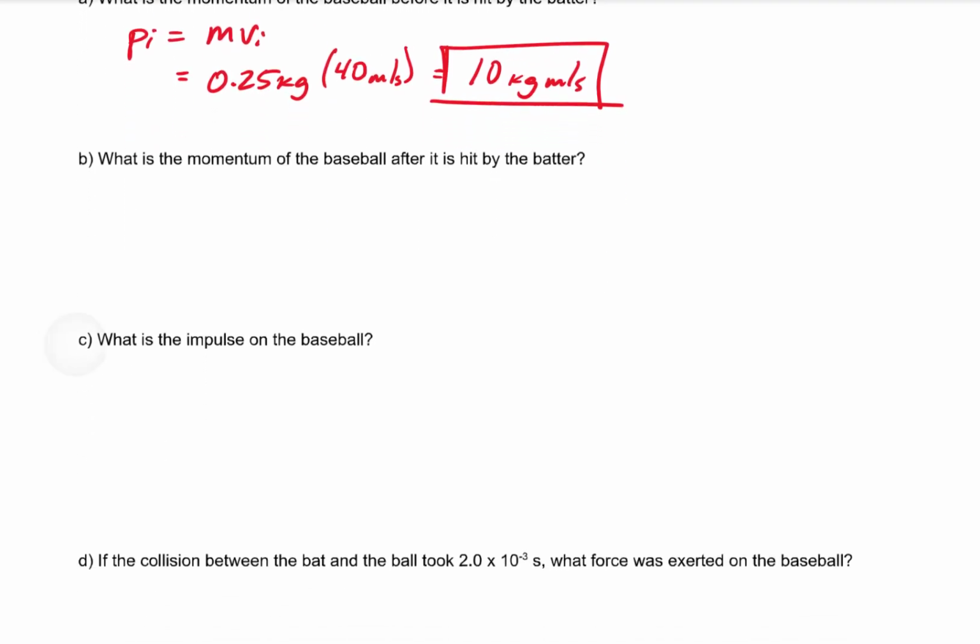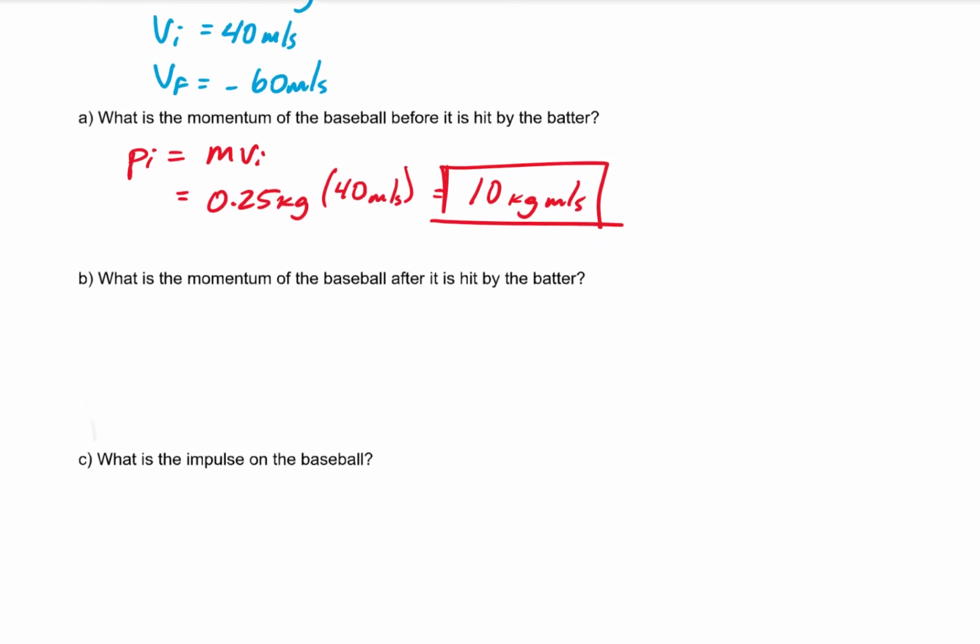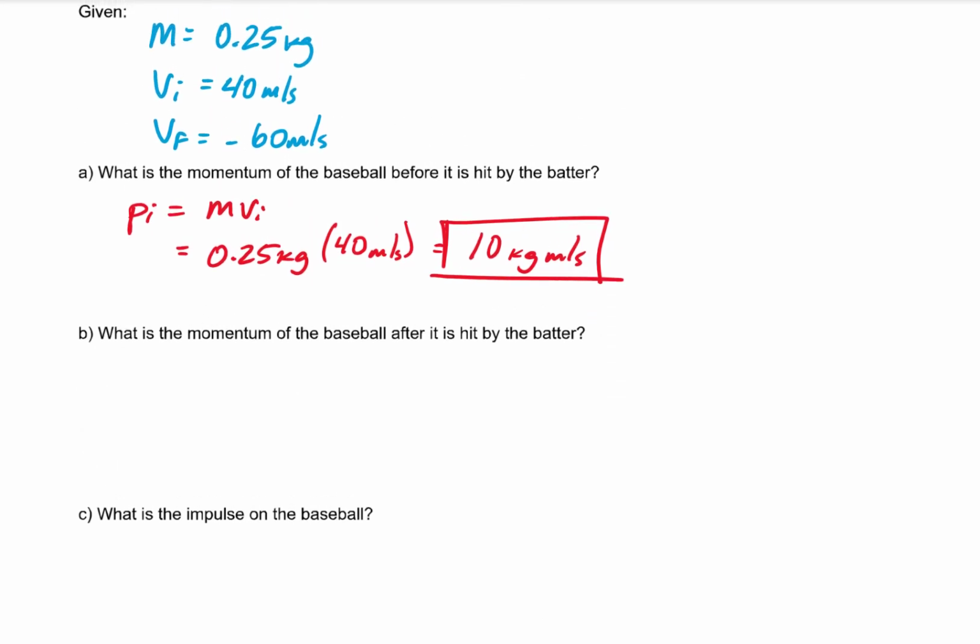The momentum of the baseball after it's hit by the batter, we're going to find the final momentum. That's mass times the final velocity. So we have 0.25 kilograms times the final velocity of negative 60 meters per second. The final momentum comes out to be negative 15 kilogram meters per second.